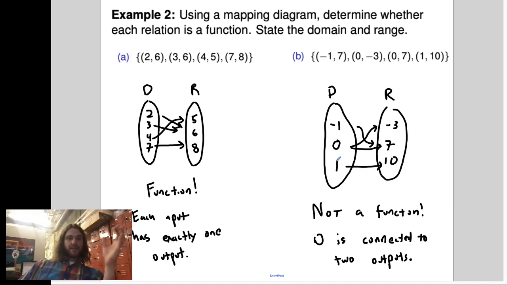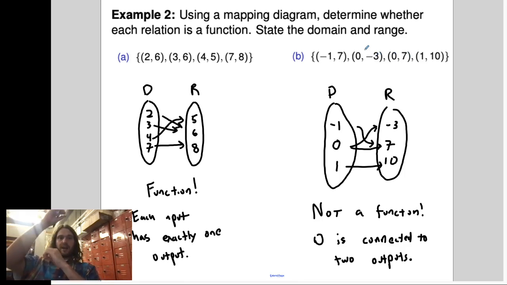Tables, mappings, graphs. The easiest ones to see it on are mappings and graphs. With a mapping, this goes to 2 places. With a graph, what does that look like? Well, you're going to have 2 points with the same x value and different y values. They're going to be above one another on the coordinate plane.